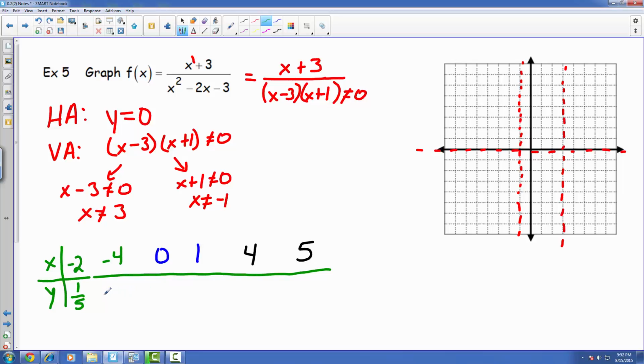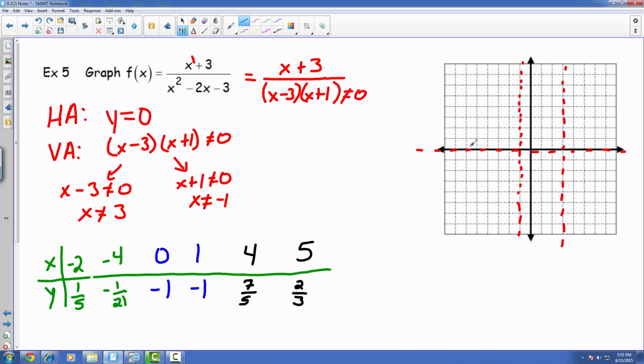When you plug in negative 4, you end up with negative 1 over 21. When you plug in 0, we end up with 3 over negative 3, which is negative 1. When you throw in 1, you get negative 1. When we put in 4, we get 7 over 5. And when you plug in 5, you get 2/3.